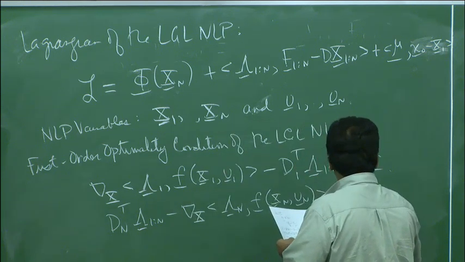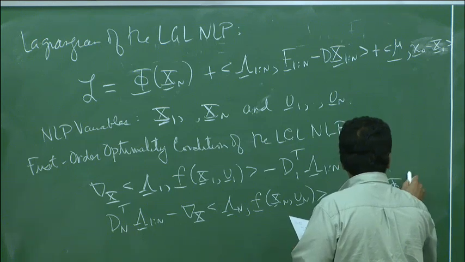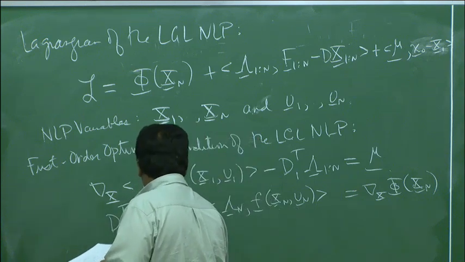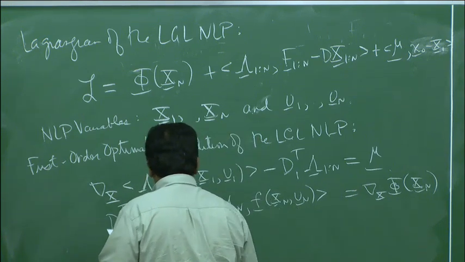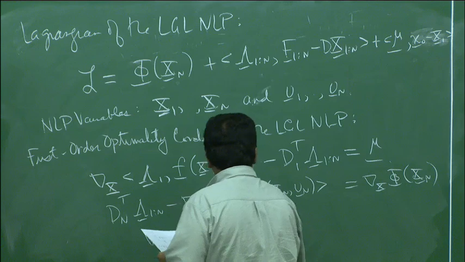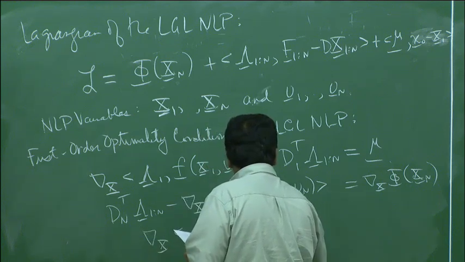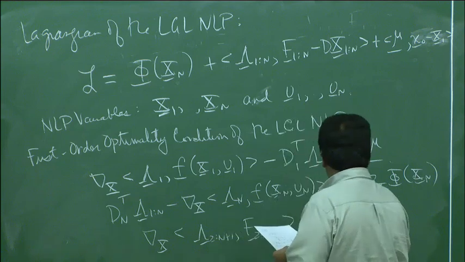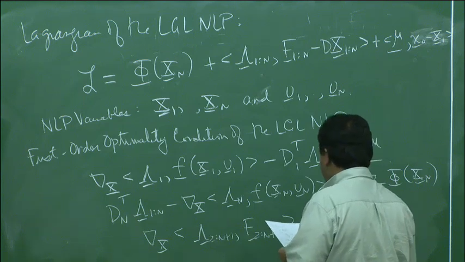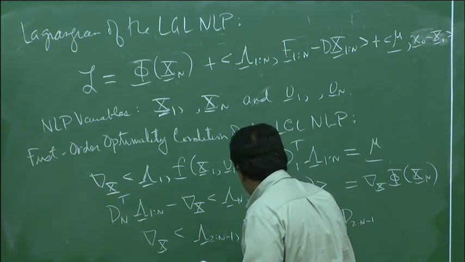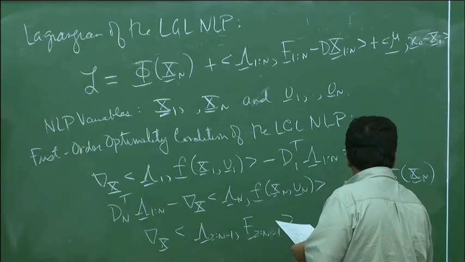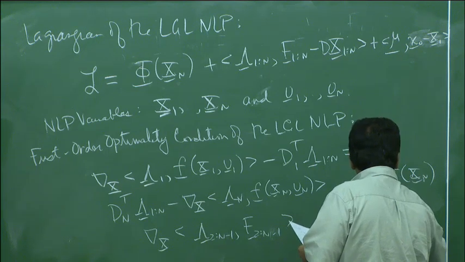This is equal to the gradient with respect to x of phi of xn. And then I've got the middle terms, which are the gradient with respect to x of the inner product of lambda 2 colon n plus 1 with f 2 colon n plus 1, is equal to D 2 colon n plus 1, I'm sorry, 2 to n minus 1, transpose times lambda 2 to n minus 1.